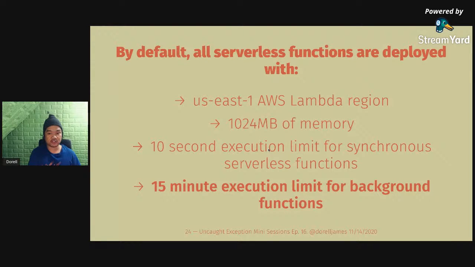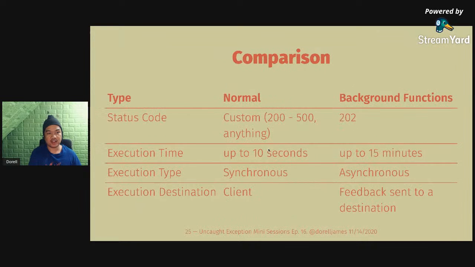They have an execution limit of 10 seconds for the synchronous ones. But with Netlify background functions, you have a 15-minute execution limit. That's quite a long time, and I hope whatever you're doing is able to finish in that time. All right, let's do a quick comparison again.